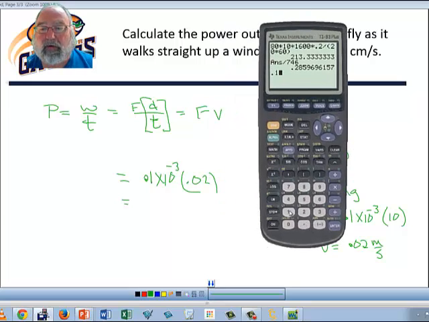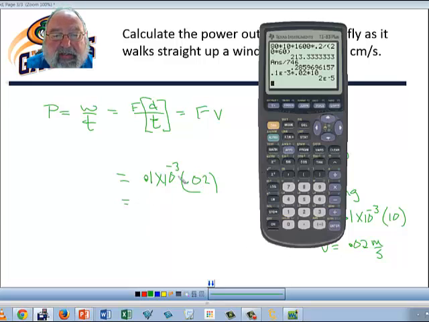So it's 0.1 E minus 3 times 0.02 times 10. I forgot the 10 this time again. And that's 2 times 10 to the minus 5.